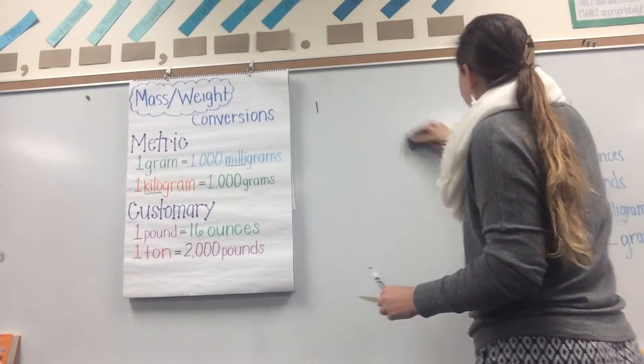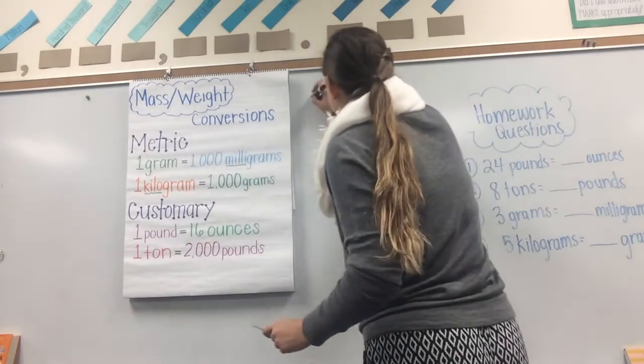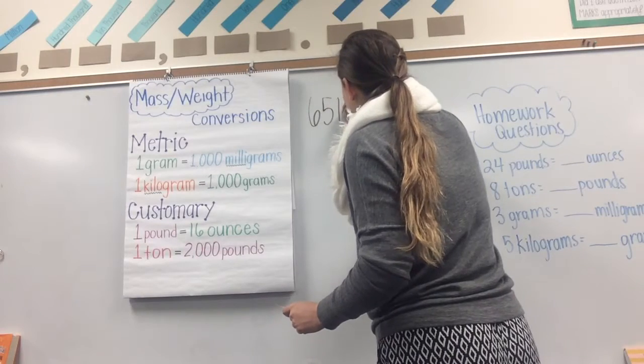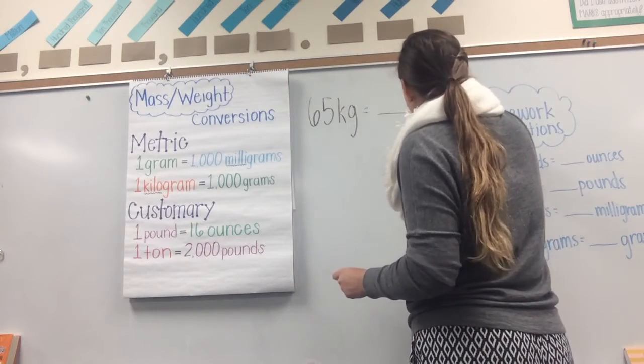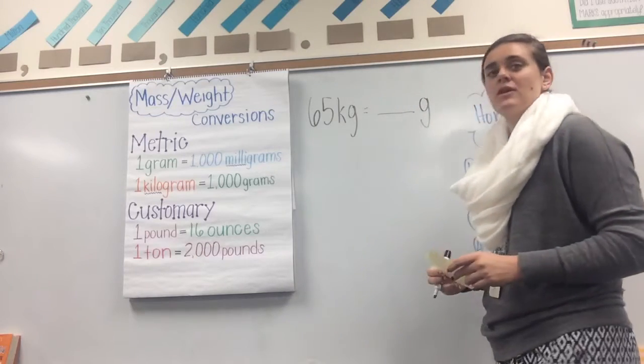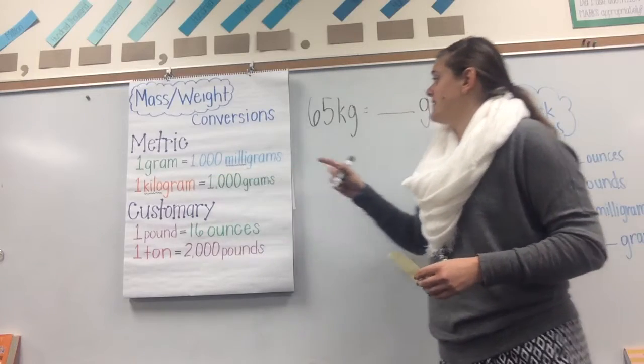Now we're going to look at some problems that deal with the metric system. If I have 65 kilograms, I'm just going to use the abbreviation, how many grams is that going to be? Well, just like with the metric system in length, kilo means 1,000.